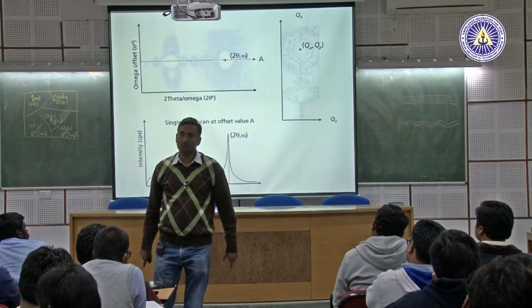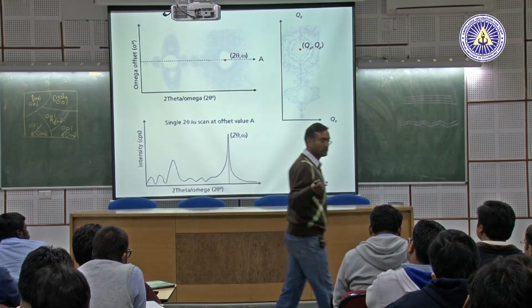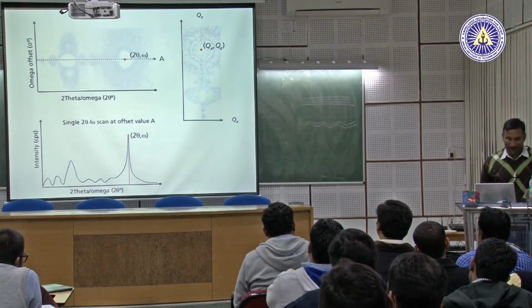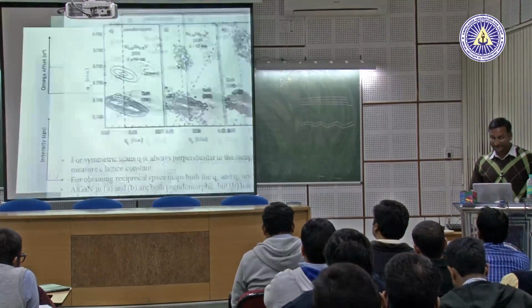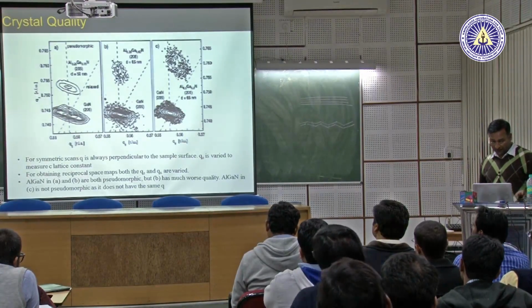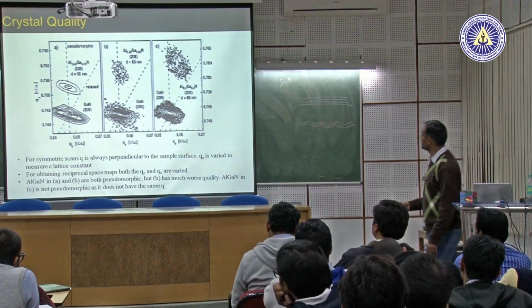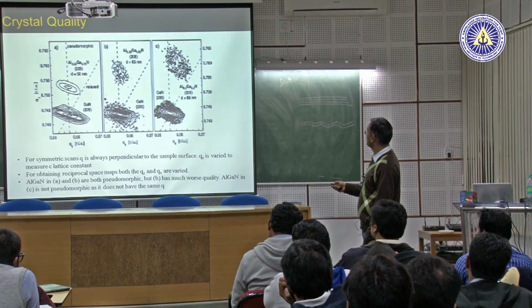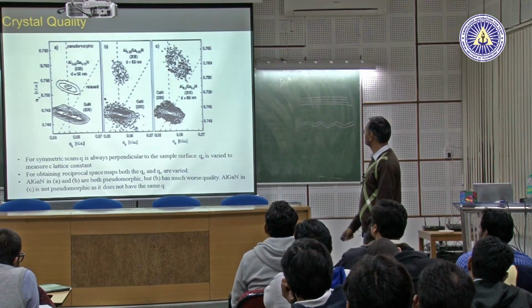So this will give you information about strains, about the orientation relationship, and about the composition effect, if you measure the D values precisely. So these are, for example, some samples. Tell me which sample is good here.